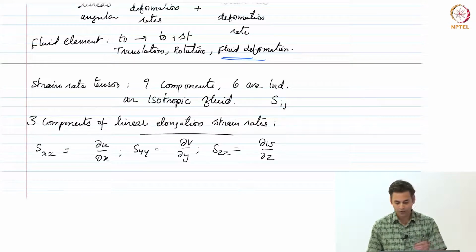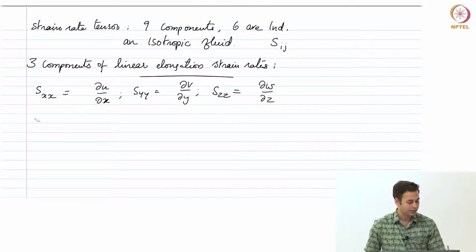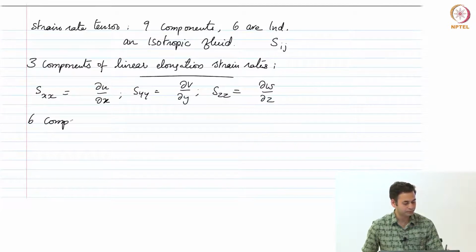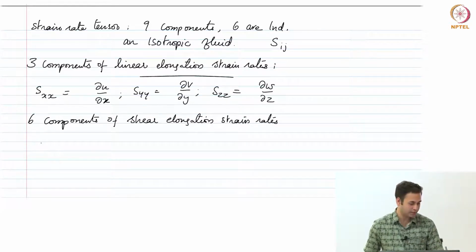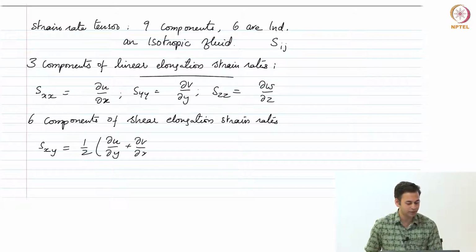And when it comes to the 6 components of shear elongation strain rates, these are the angular deformation rates. So that is S sub xy equals half of partial u partial y plus partial v partial x, okay.